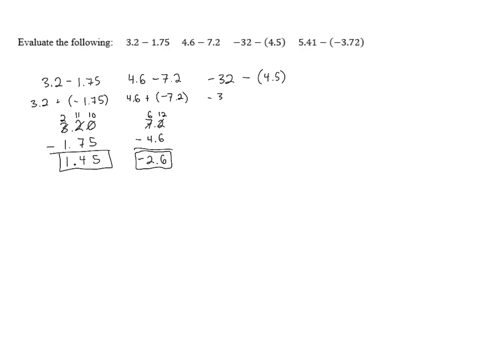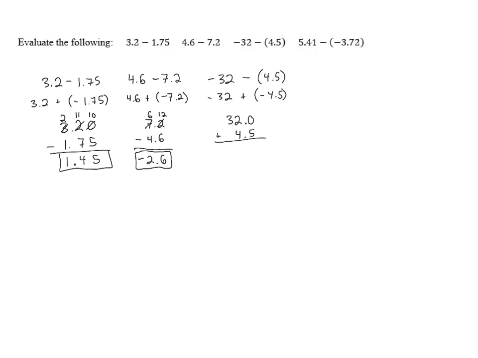All right, moving on, we've got negative 32 minus 4.5. This is the same as negative 32 plus negative 4.5. They've got the same sign. They're both negative, so that means we take the sum. And when we line them up, 32, the decimal point goes to the right of the 2, and then 4.5. And we will put a 0 as a placeholder up there.